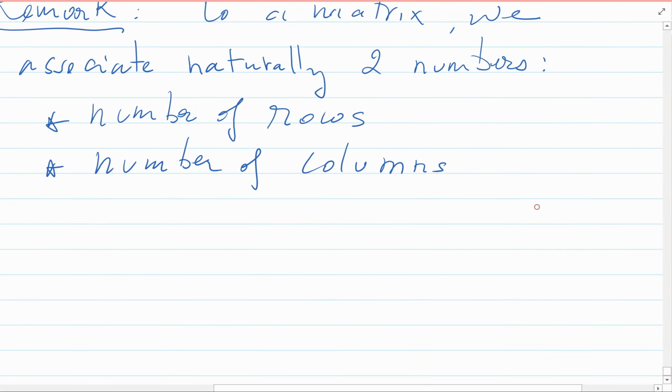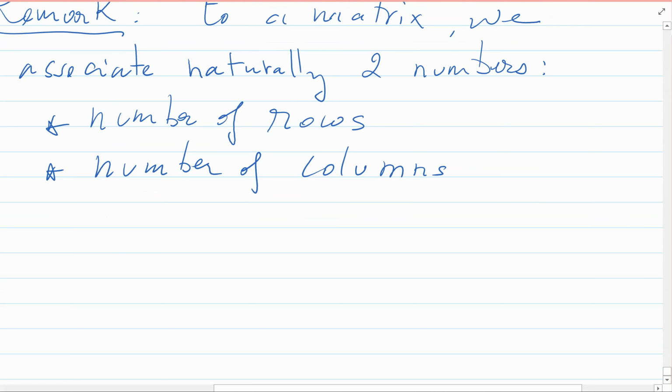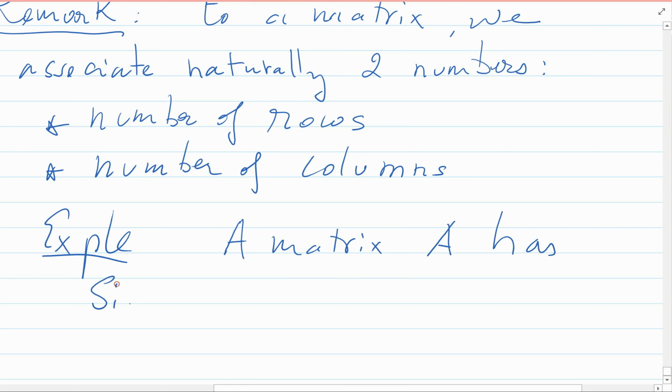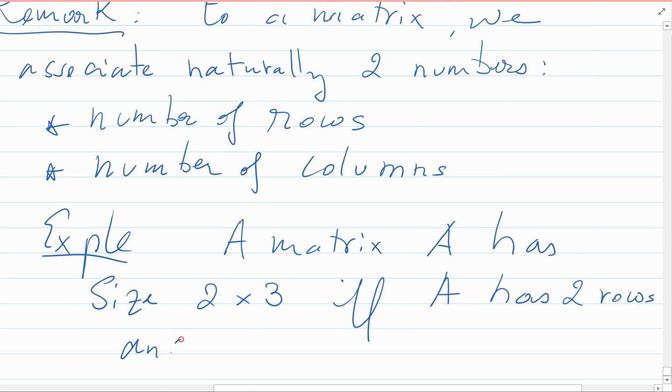So in general, we say, for example, a matrix A has size 2 by 3 if and only if A has, the first number being the number of rows, 2 rows and 3 columns.